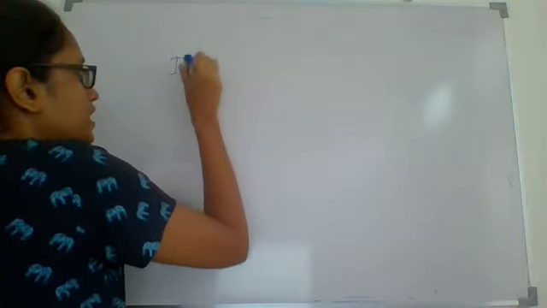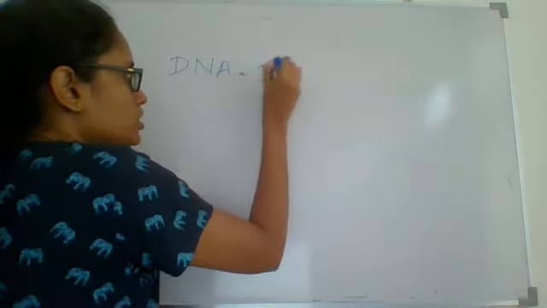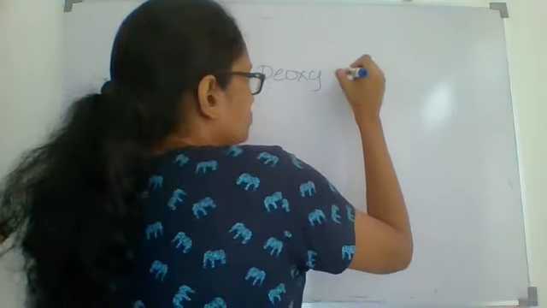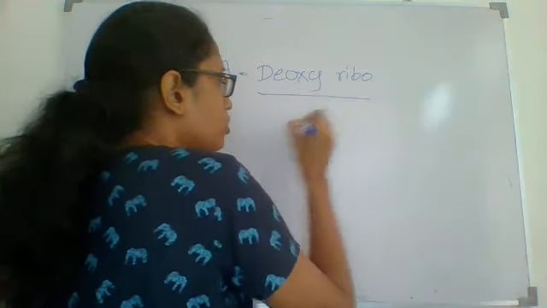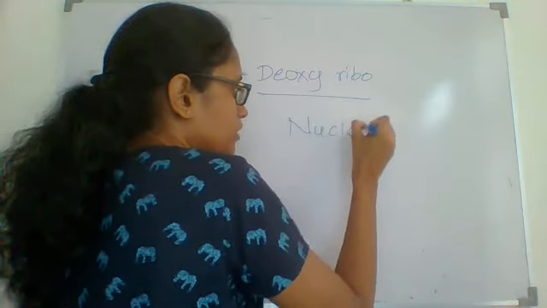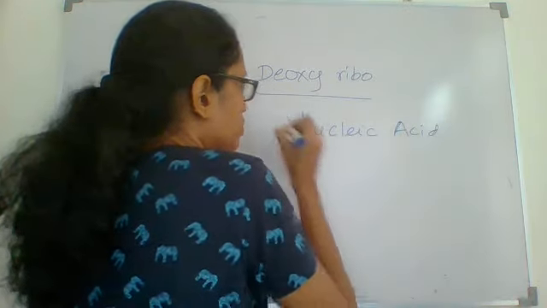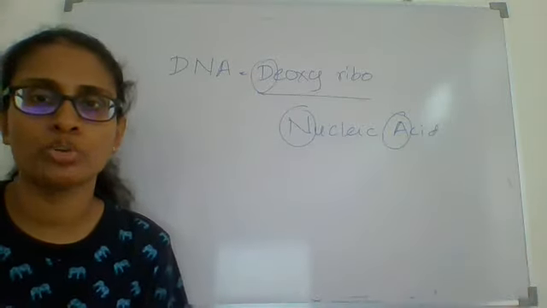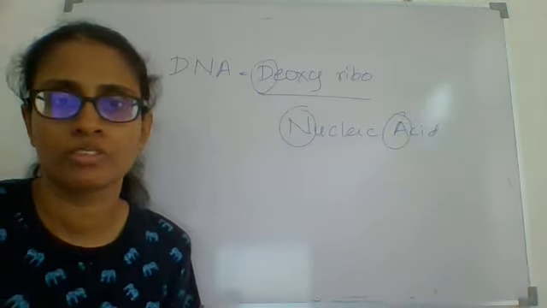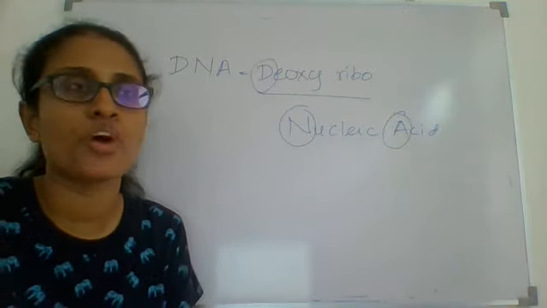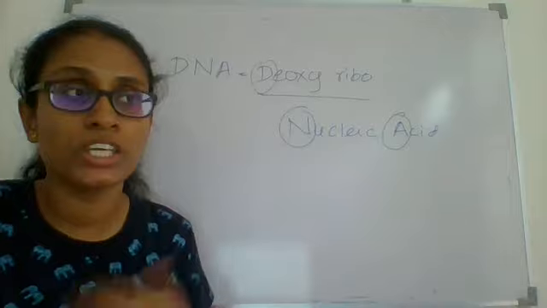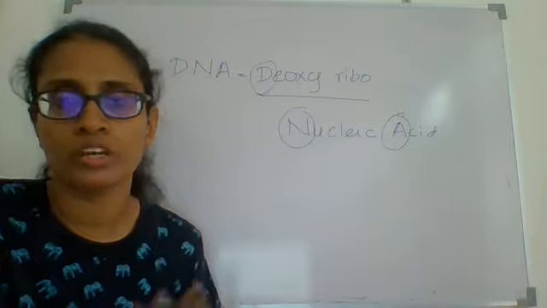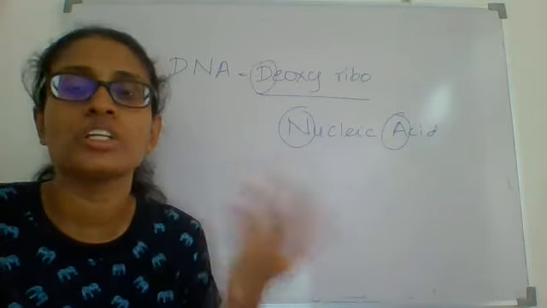DNA stands for deoxyribonucleic acid, DNA, right? Deoxyribonucleic acid. This is the genetic material that transmits the features which are very specific to an organism from one generation to another generation.